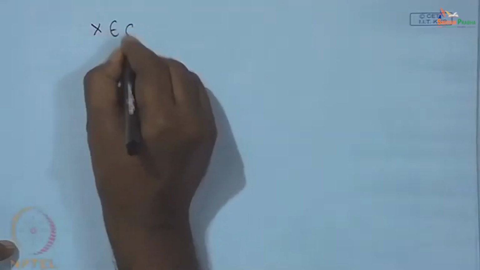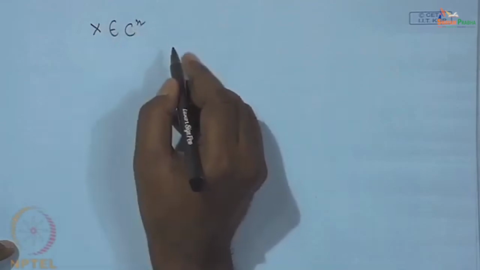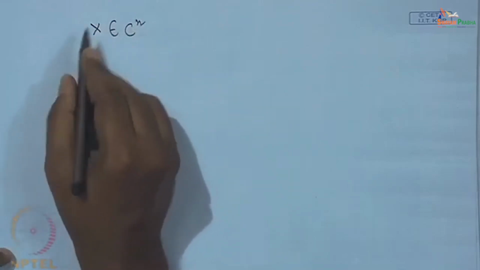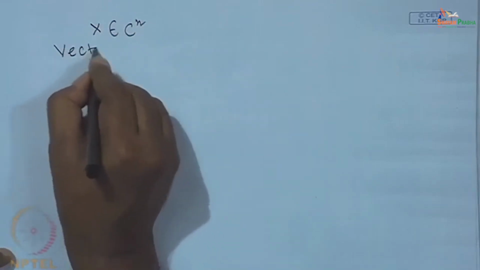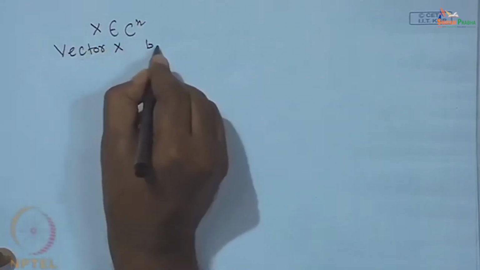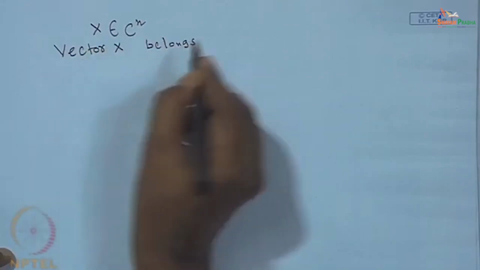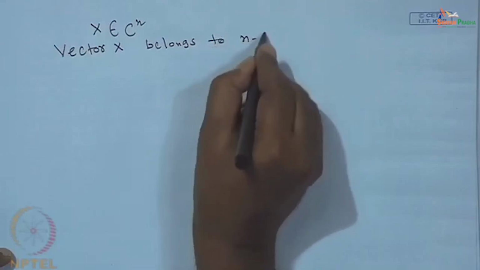Okay. Next we talk about what is a complex space. If x belongs to C superscript n, this simply means that vector x belongs to an n dimensional space.